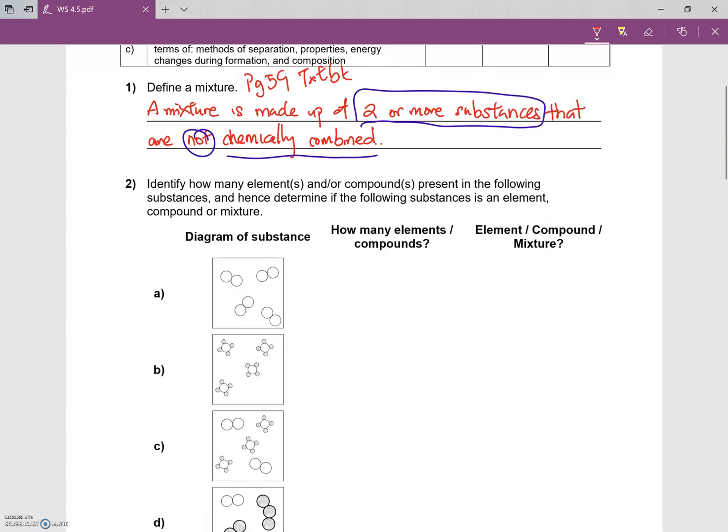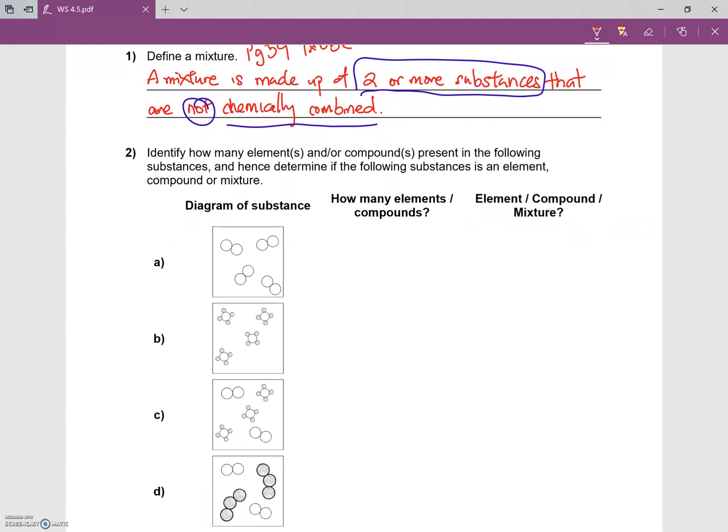Next one, question 2. I think this is the one that's a little bit more complex, where people are a bit unsure. Do take note of the first column first. Let's look at part A. How many types of patterns? I want to use the word patterns. In part A, there's only one pattern, which is these two white circles side by side.